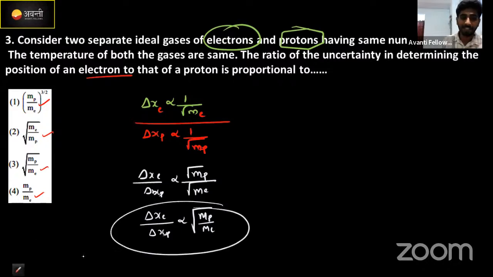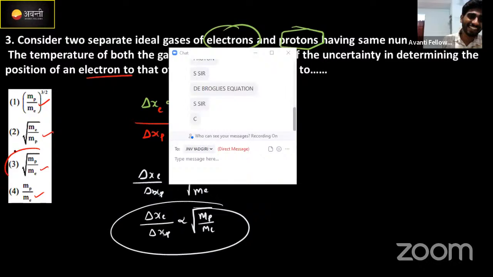Then guess which is the correct answer. No need to guess, just predict the answer from the question. Yes, C. Actually I think the uncertainty concept came under chemistry. Did you all see this equation anywhere?